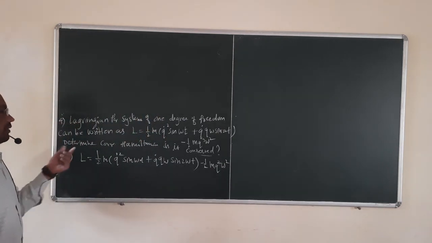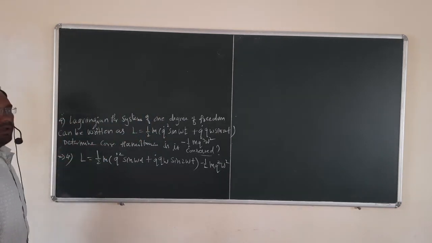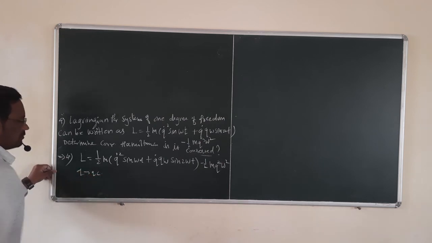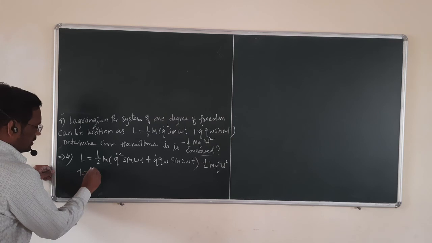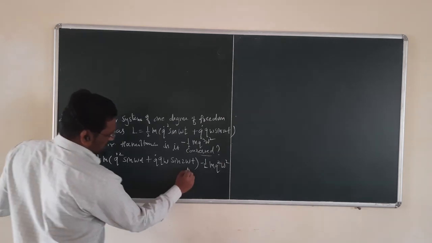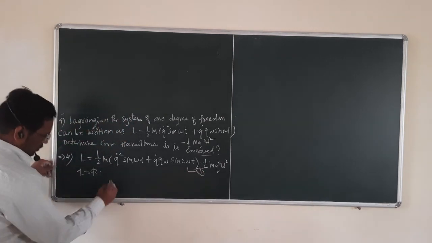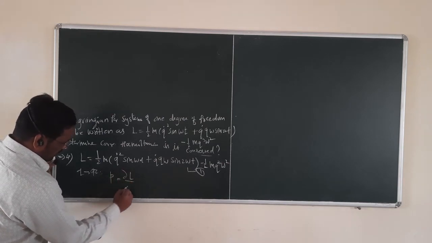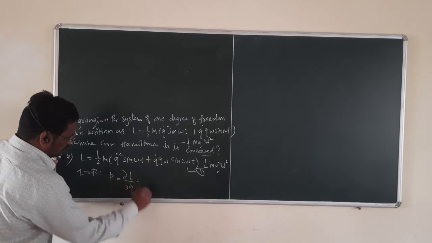Now we have to find the corresponding Hamiltonian. Here q is the generalized coordinate, so we can obtain the corresponding momentum p, which is the partial derivative of the Lagrangian with respect to q dot.